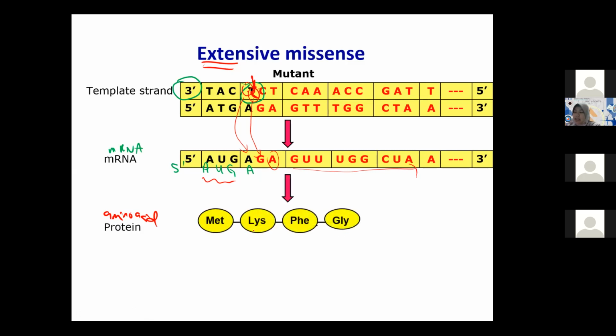Tadi sepatutnya ni, now it changes to this one. Alright, changed to different amino acid. So this is extensive missense. Semua dah salah, starting from the point of mutation. Semua berubah.